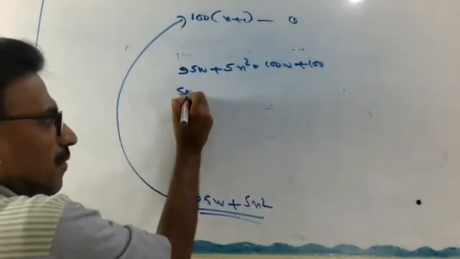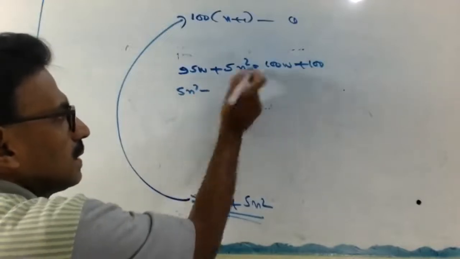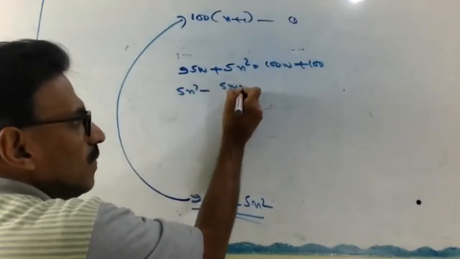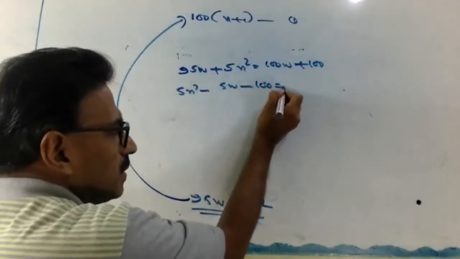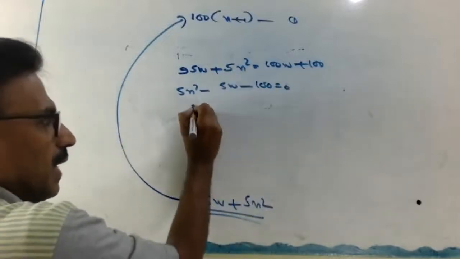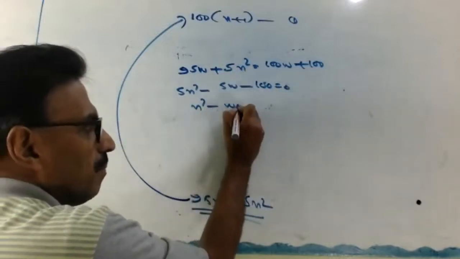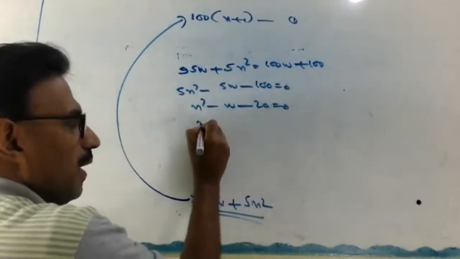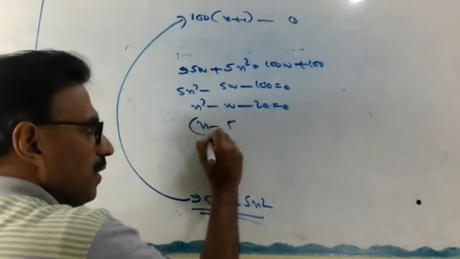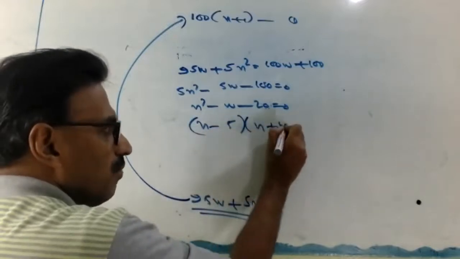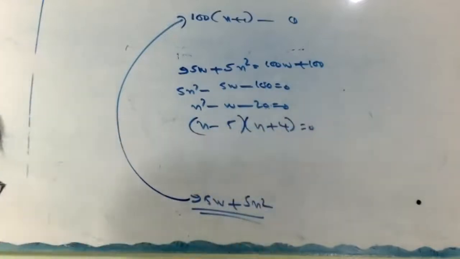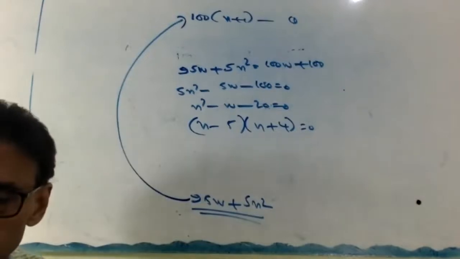Coming here, 5n square minus 5n minus 100 equal to 0. We can cut by 5. n square minus n minus 20 equal to 0. (n minus 5) into (n plus 4) equal to 0. n equal to 5. Now clear or not?